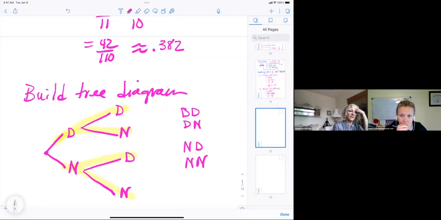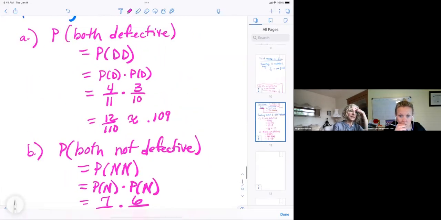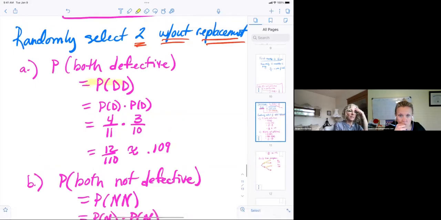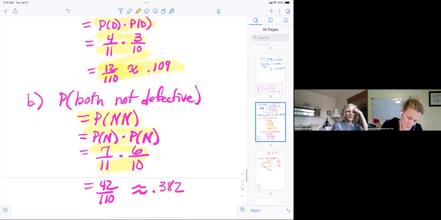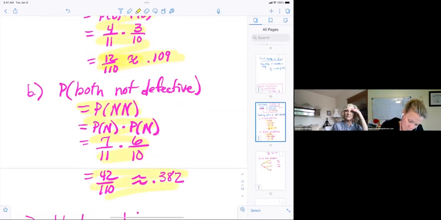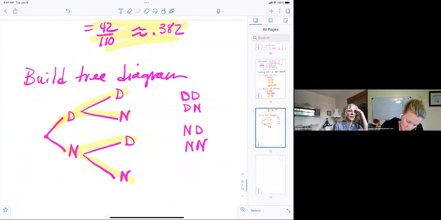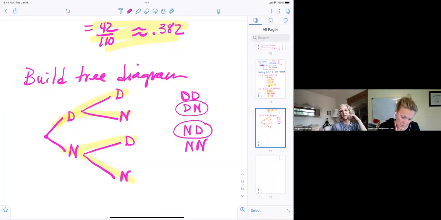Okay, so we found the probability of both being defective up here, right? We found the probability that they are both not defective right here. So what is the probability of defective, not defective, or not defective, defective?